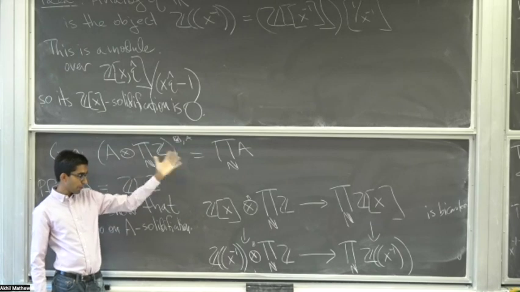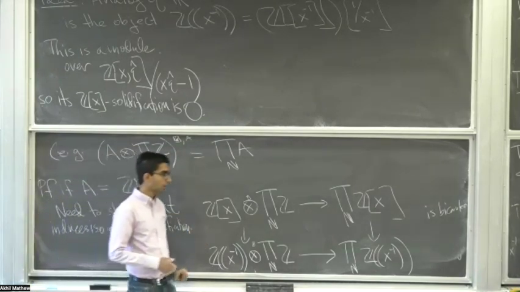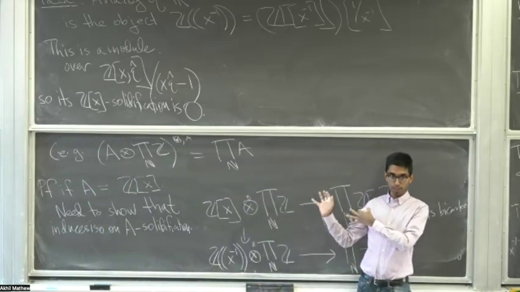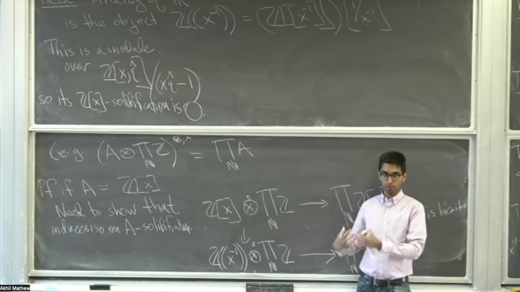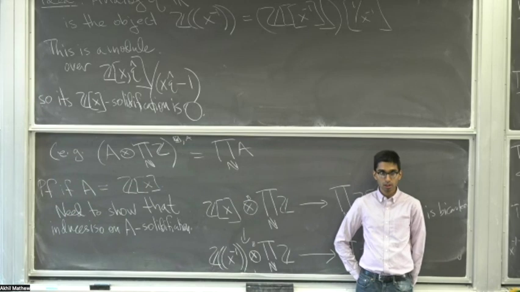But in fact, one can show that if A is an algebra which has a bunch of generators as an algebra, then to be solid as an A module is the same as being solid over each of those generators, so solid over Z brackets X, where X maps to each of those generators.